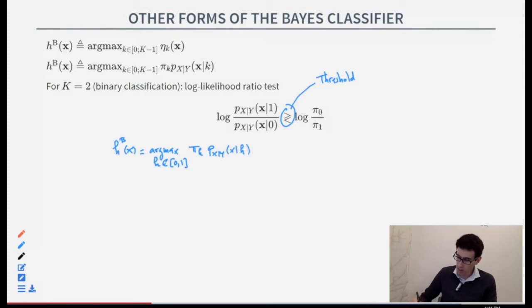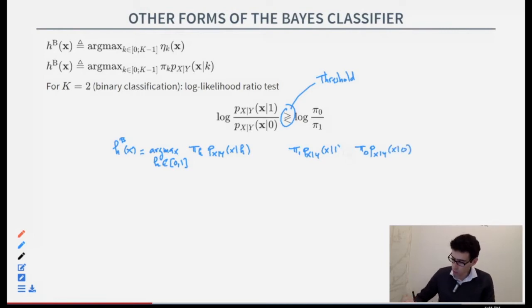So differently, the test I have to make is the following. I have to check that pi_1 p(x given y=1) is indeed greater than or equal to pi_0 p(x given y=0) to decide 1.